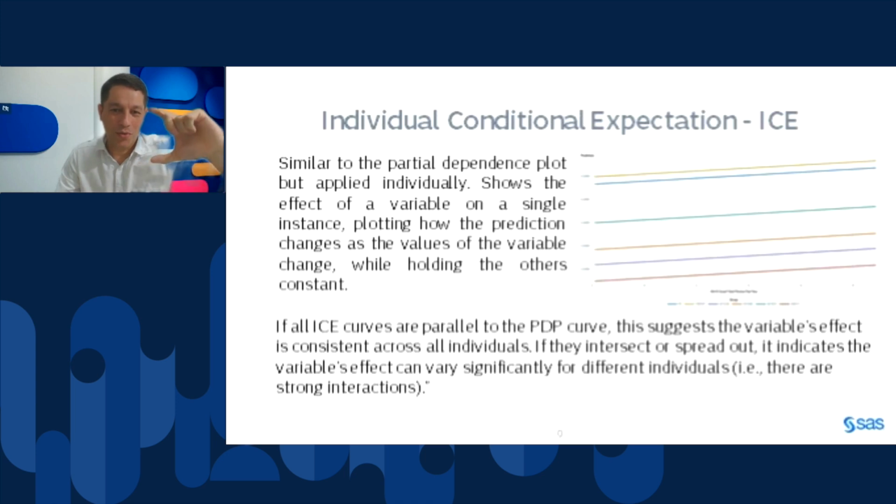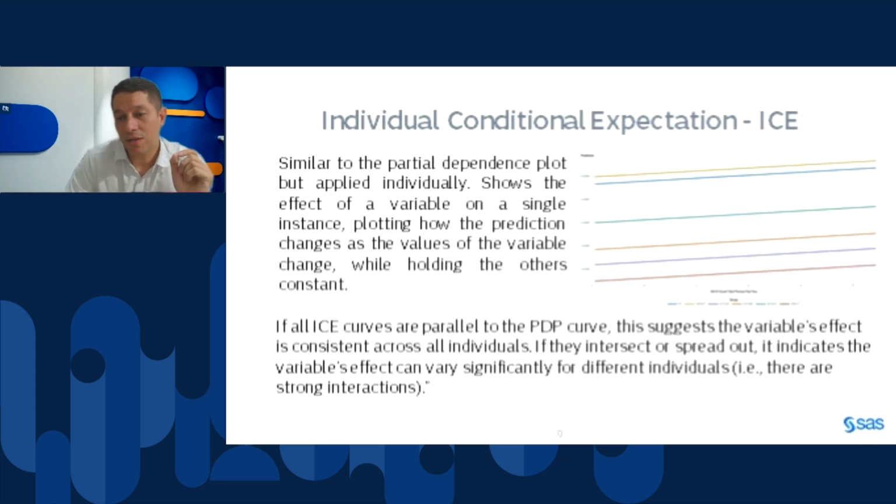Then, for this instance, we test with 10 and 12 and 14, and calculate the response, maintaining the other values constant for this instance. Then we can analyze the behavior when we change this variable for this instance. This is ICE.